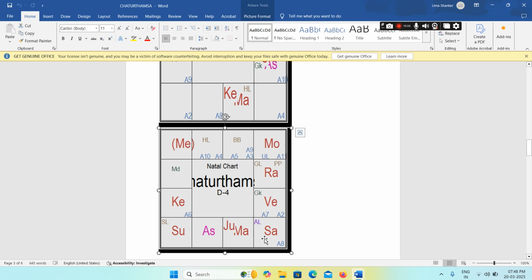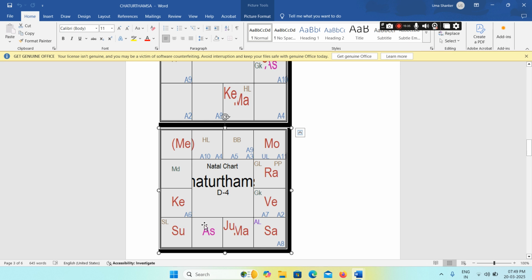From the 4th house, it is the 8th house. Depending upon what planet is placed here, you can understand what is the longevity of that house. If the Saturn is placed in the 8th house from the 4th house, then we can say that the property is very old.